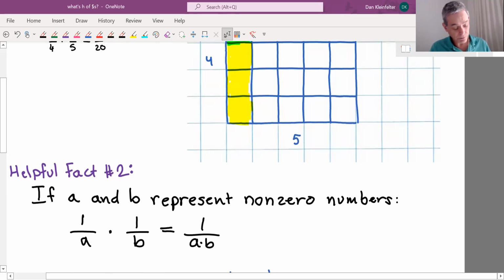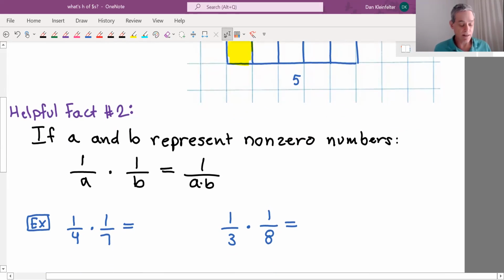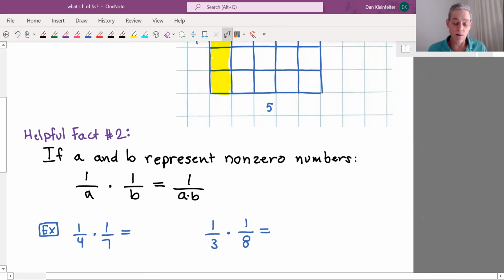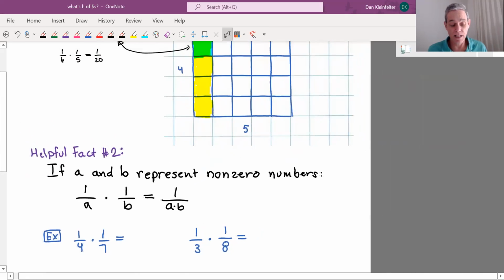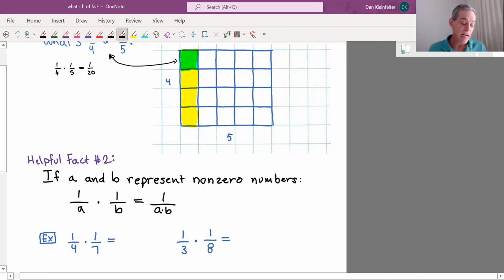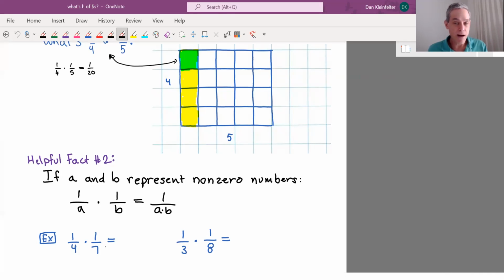Again, let's try that. Here, 1/4 times 1/7. Here we're not going to actually draw it out. We're going to just use our imagination on this. Let's say that I drew out a rectangle and I divided it into 7 squares in one direction and 4 squares in another. Then how many total little squares are there? 7 times 4 is 28.